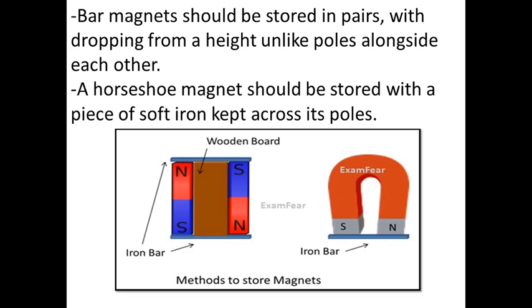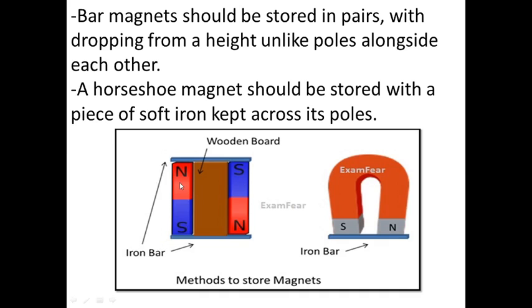Next is how to store the magnet. Now taking care means what? Which things we should avoid, that we have learned. Now which things we have to do, that is the storing of magnets. There are methods to store magnets. From the picture you can see how the bar magnets are stored.